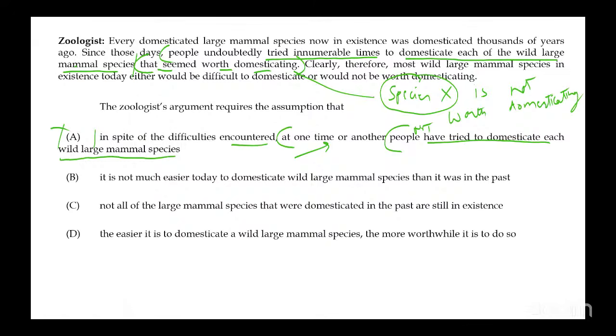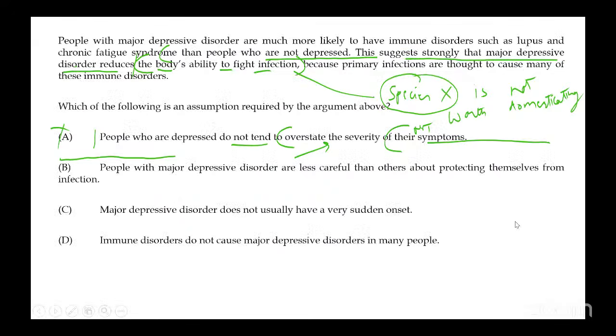Okay. Now this one, right? You may have solved this, and let's discuss this. You can let me know your answers again. People with major depressive disorder are much more likely to have immune disorders.